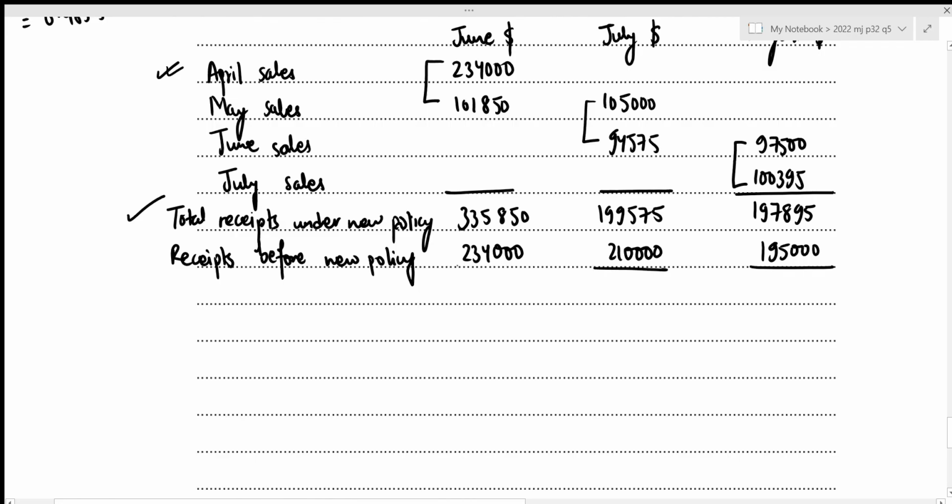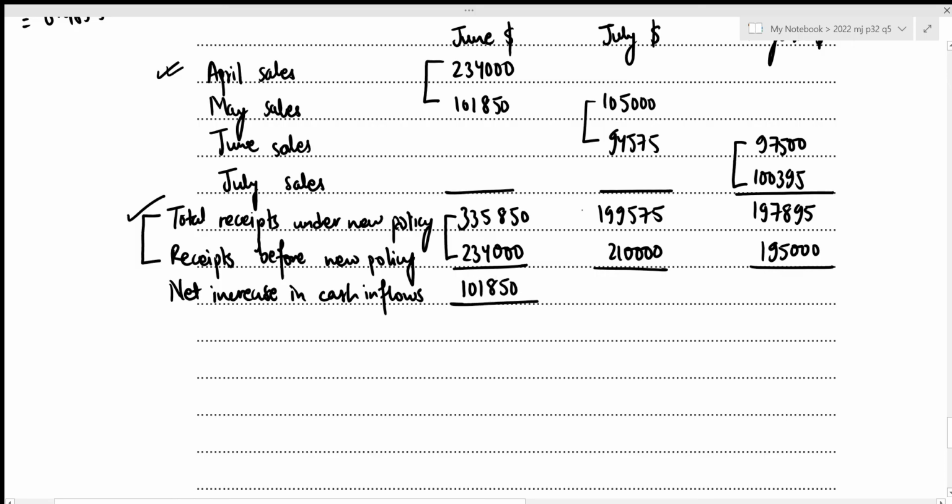Okay, now we can figure out the net increase in cash inflows. And this is just going to be the difference between total receipts under new policy and receipts before new policy. So for June, that's going to be 335,850 minus 234,000, which results in 101,850.